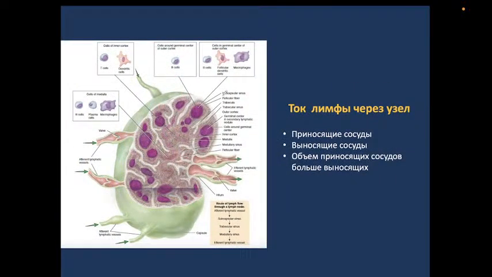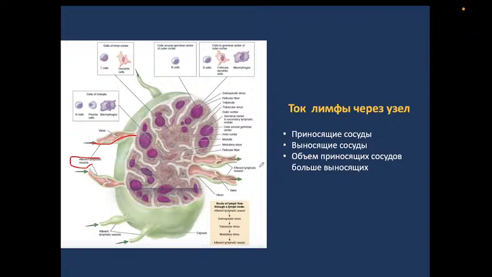Here you see the typical structure of the lymphoid node, and some lymphoid vessels come to the lymphoid node. We call them afferent lymphatic vessels. Afferent means they come, they bring lymph to the lymphoid node.